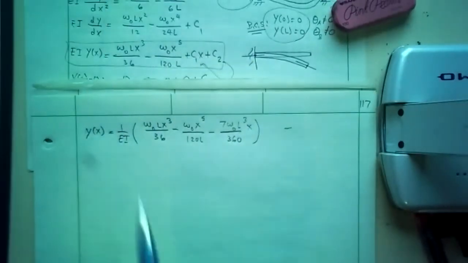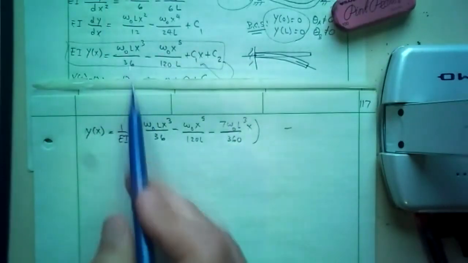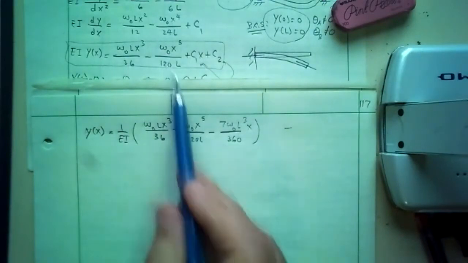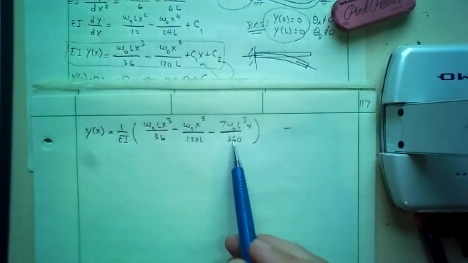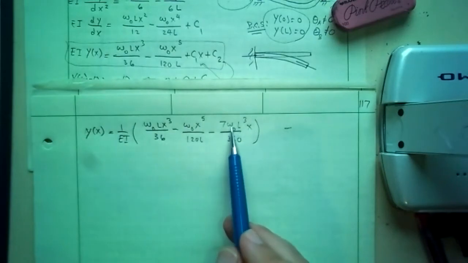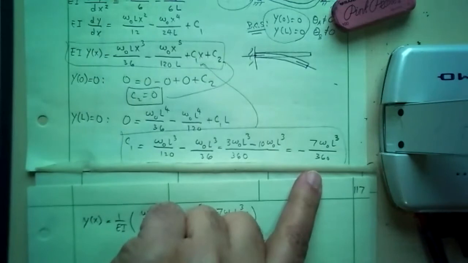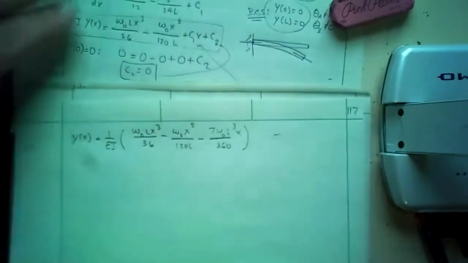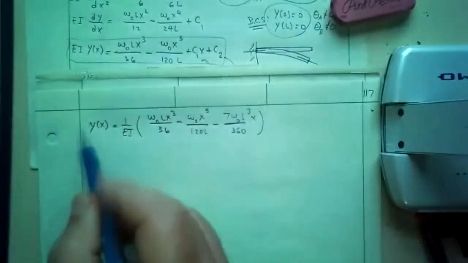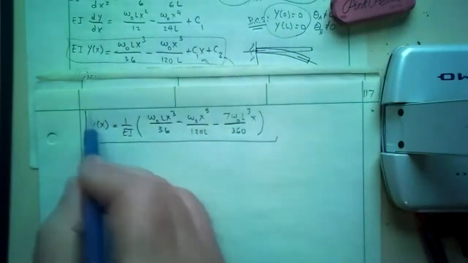Right, that's that equation. And then for C1, I put in 7 W naught L cubed over 360. I think that's it. All right, so that is my elastic deflection curve.